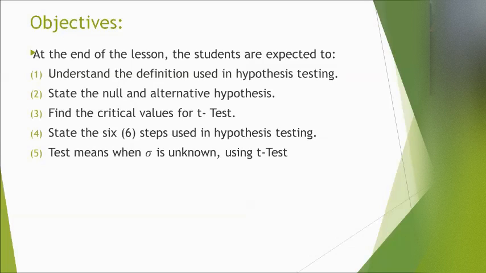Number three, find the critical values for t-test. Number four, state the 6 steps used in hypothesis testing. And number five, test means when standard deviation is unknown using t-test. Okay? So those are the objectives.